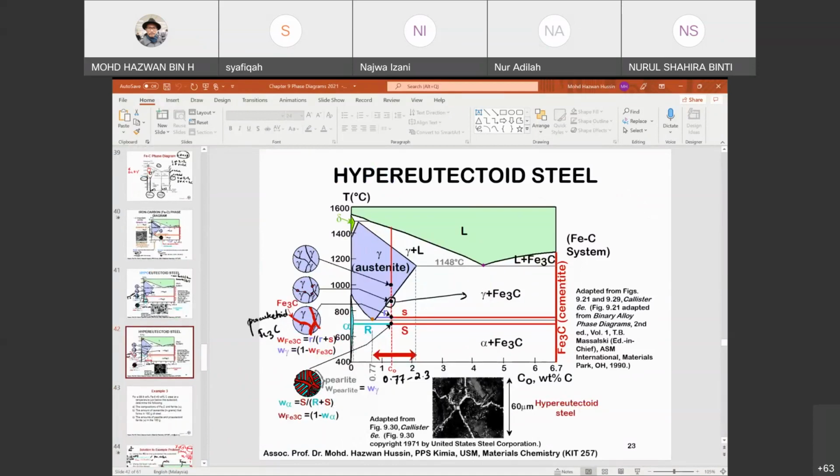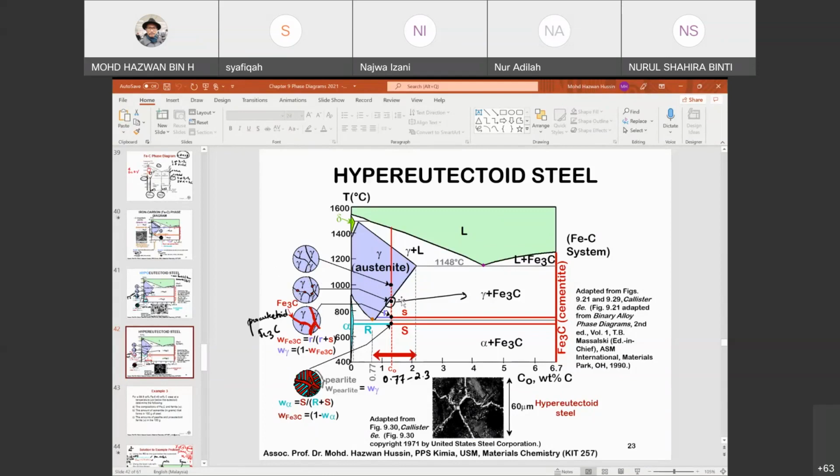It is similar for hypereutectoid. The hypereutectoid range exists between 0.77 and 2.3. The possible microstructure is, at higher temperature, gamma austenite, polycrystalline gamma, and then going down we start to see the formation of cementite grains at the phase boundary.